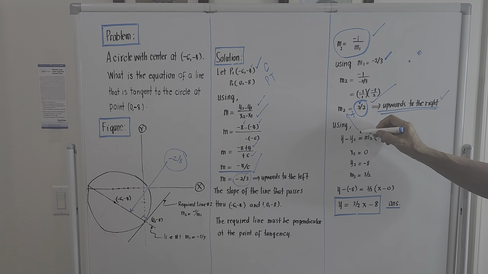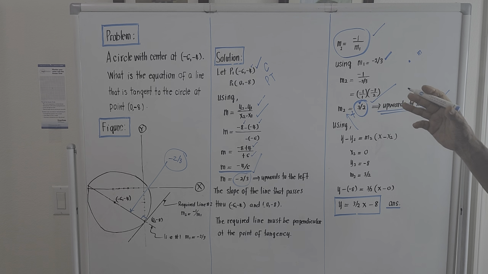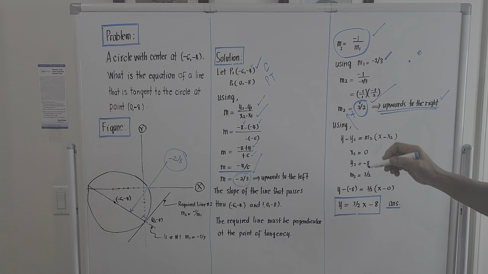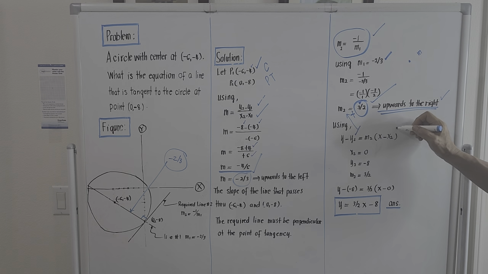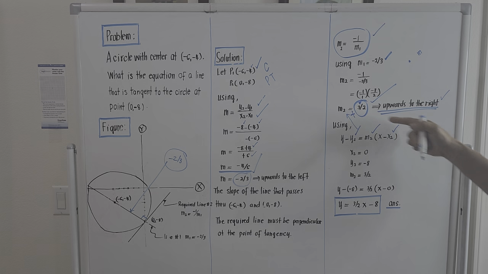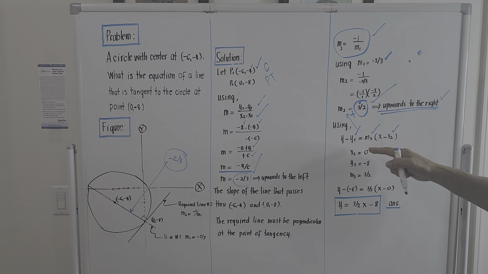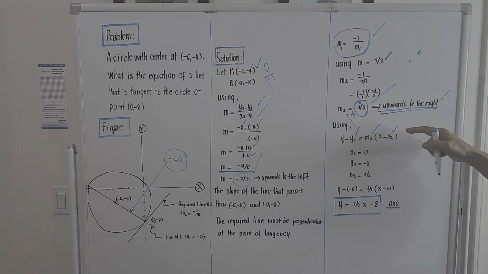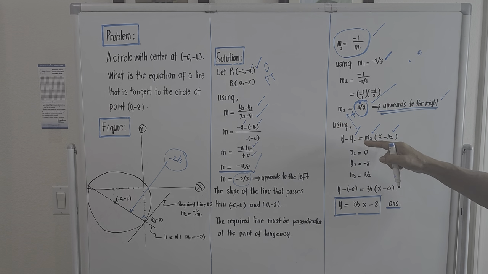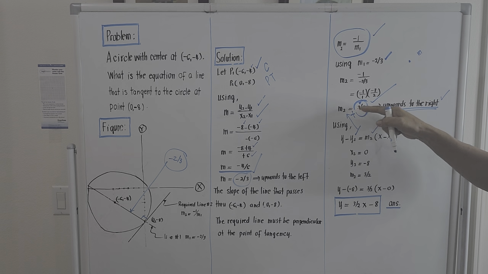So, if we could pinpoint a coordinate that lies on the straight line, we substitute it here. And if we know the slope, actually we could determine the equation of the required tangent line now. So by using y minus y sub 2 equal to m2 times the quantity x minus x sub 2. So we now know why this is subscript 2, right? It refers to the required line.